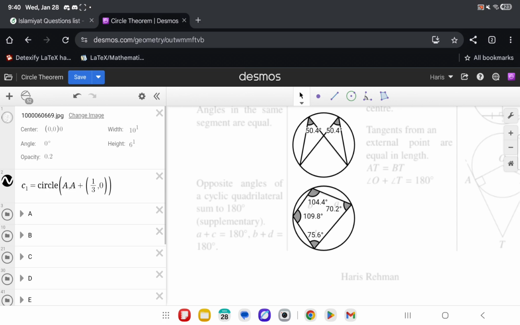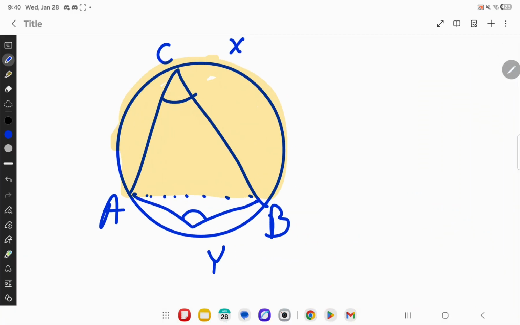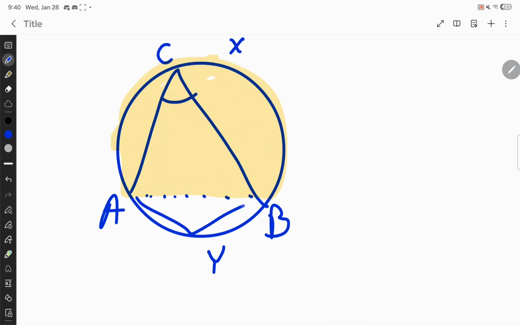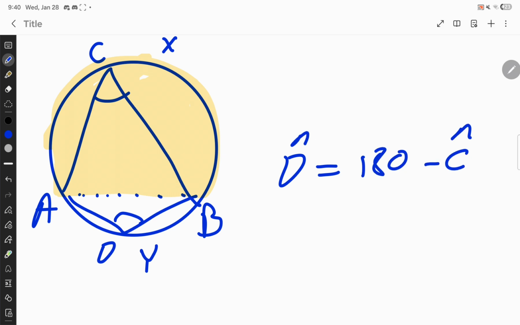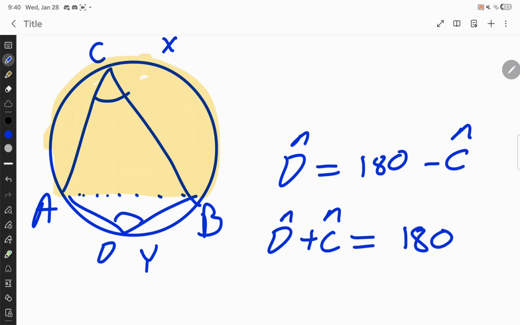So this is true, and in this case this angle over here, angle ADB, will be 180 minus angle C, or in other words, D plus C is equal to 180.